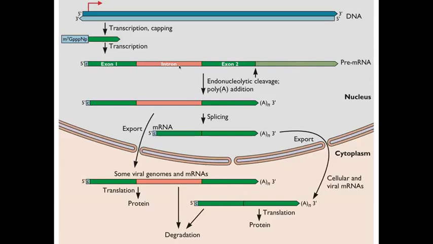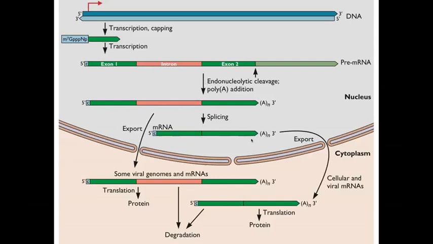Those pre-mRNAs are then spliced. They undergo a process called mRNA splicing, by which intervening sequences called introns, shown in pink in this diagram, are removed by a series of cleavage and ligation reactions. So the splicing is shown here, resulting in a mRNA.